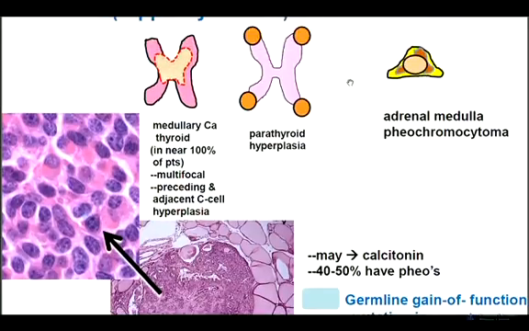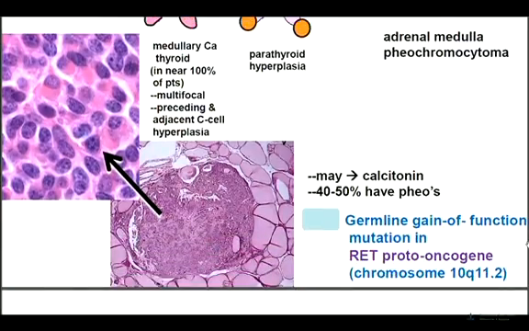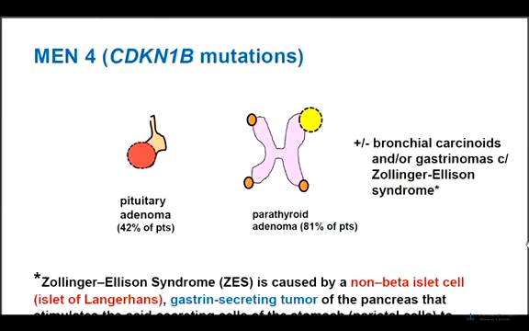So here we have all 4 glands hyperplastic, coupled to an adrenal pheo. This one has a germline gain of function in the RET oncogene. And the newest one, I won't go into MEN3, but 4 is the one with cyclin D kinase, and this has pituitary adenoma, parathyroid adenoma, and then another tumor in the lung, bronchial carcinoid, or a tumor in the pancreas.